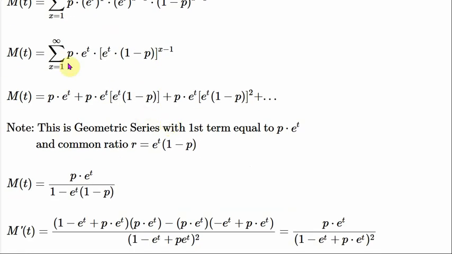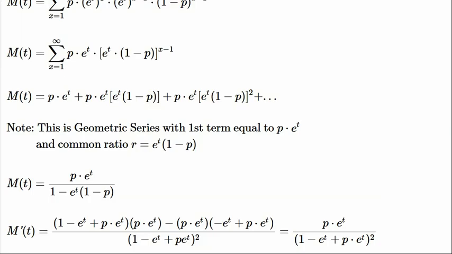And if we expand this infinite series out, it looks like this. And notice that this is a geometric series. The first term is p times e to the t. The common ratio is going to be e to the t times 1 minus p.